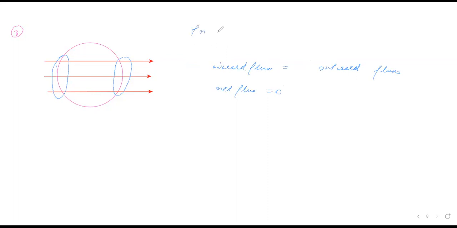Finally, we can write here, if electric field lines are crossing a closed surface, then phi is equal to 0. Note it down, please.